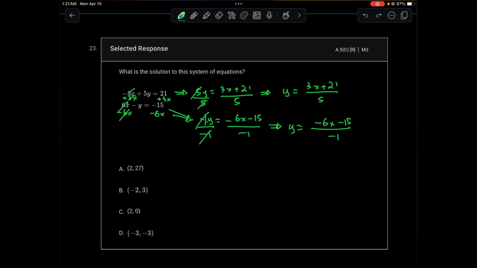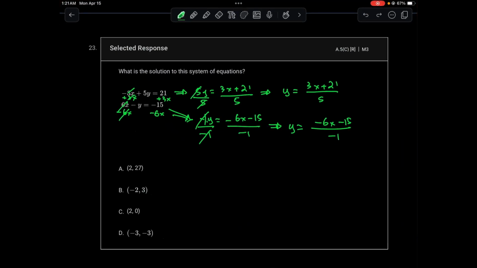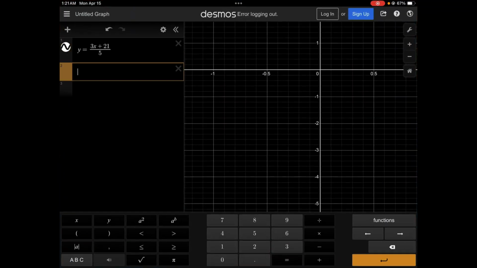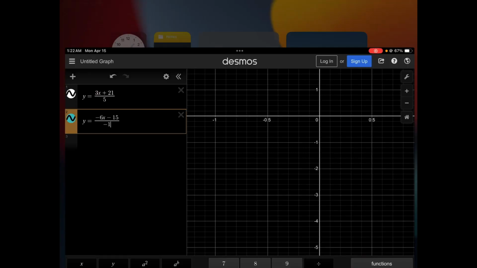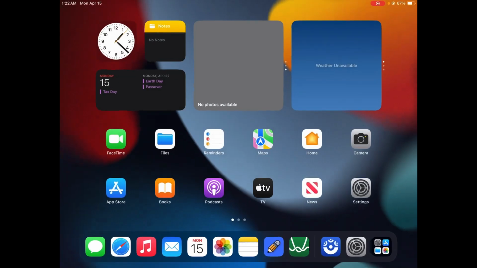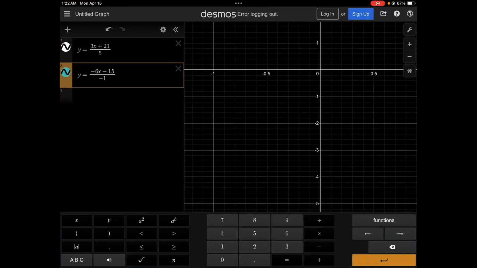Let's double check and get the other one. The other one is negative 6x minus 15 over negative 1. Let's double check. Negative 6x minus 15.